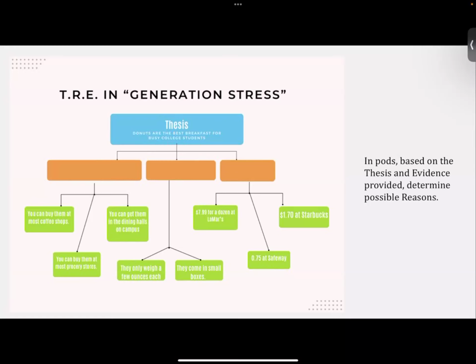So again, we have the thesis: donuts are the best breakfast for busy college students. For the first reason, you can buy them at most coffee shops. You can buy them at most grocery stores. You can get them in dining halls on campus. Reason 2, they only weigh a few ounces each.